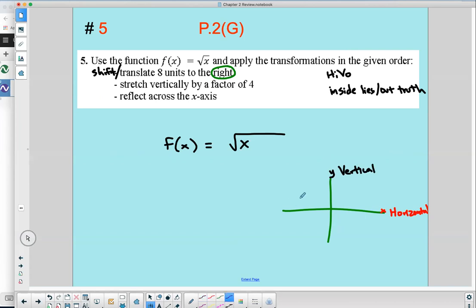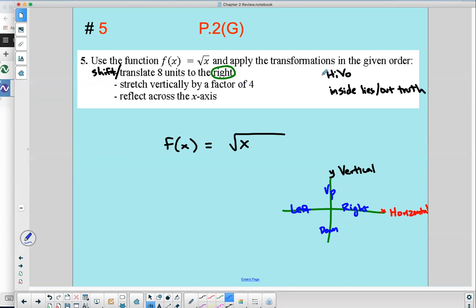If you're going right, that is a horizontal shift. Whereas if you went up or down, that would be a vertical shift. And I put left on here. Left is also horizontal. So when it says right, we need to go horizontal. What does that mean? If it's horizontal, where does it need to be located?